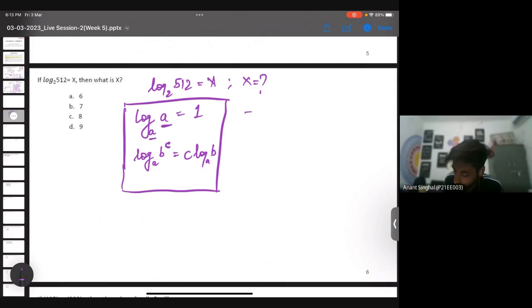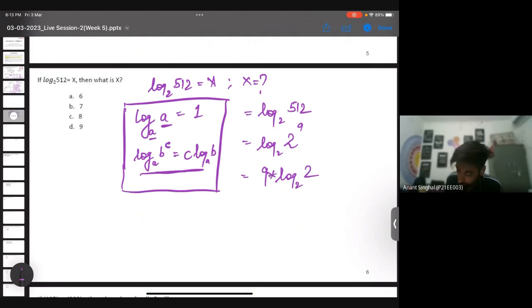It is given in the question as log 2 to the power of log 512 to the base 2. We know that 512 is nothing but 2 to the power 9. So using this property, I can write this as 9 log 2 to the base 2. I hope you understood this.